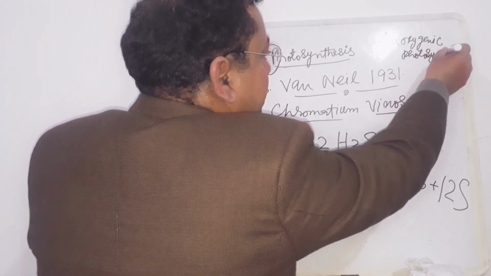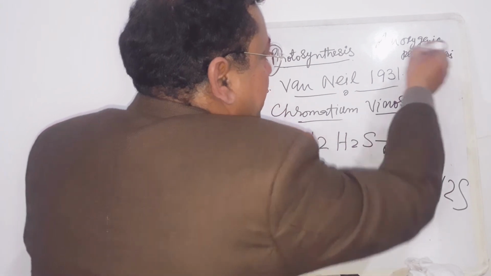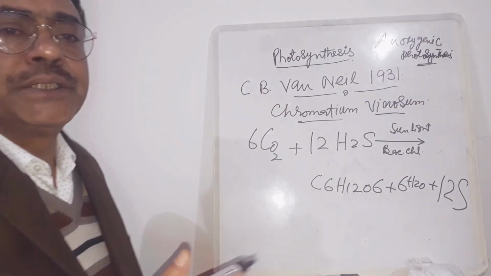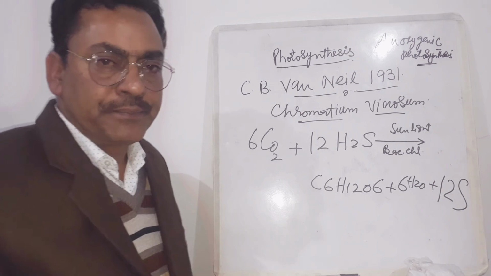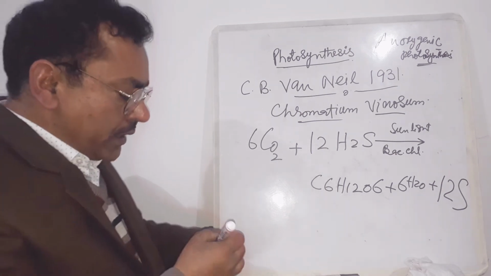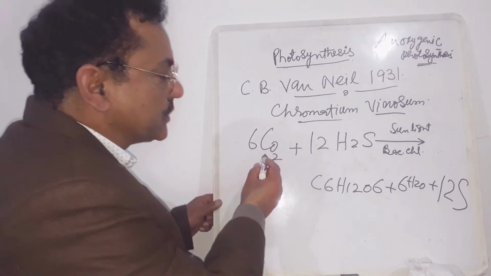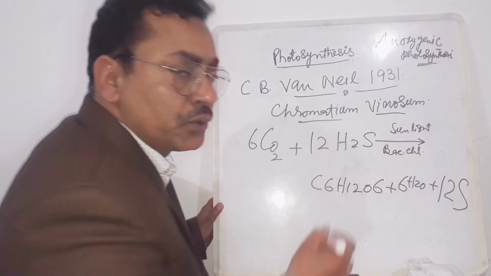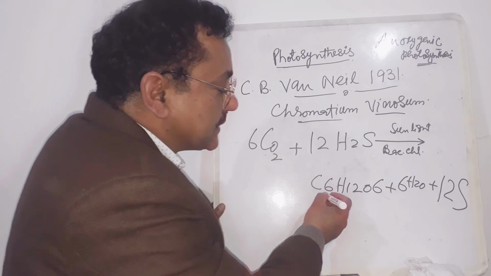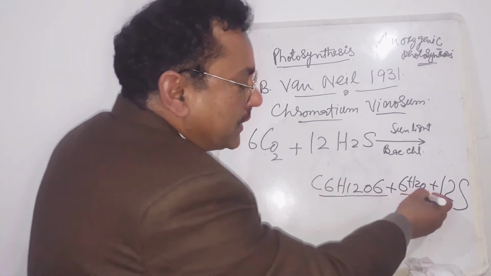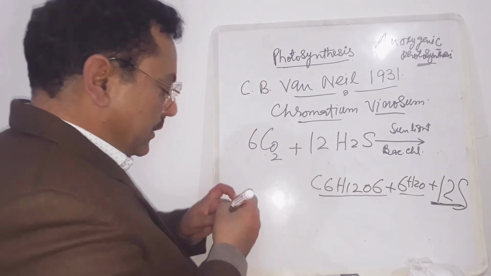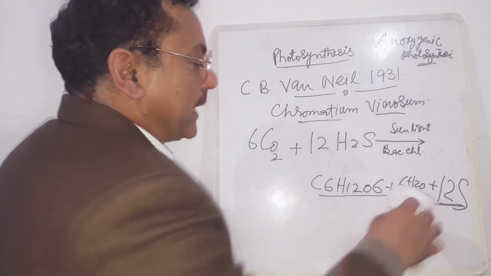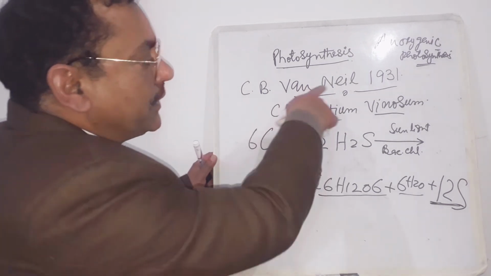This is because in this photosynthesis no oxygen is evolved into the atmosphere. So 6 times CO2 plus 12 times H2S in the presence of sunlight and bacteriochlorophyll gives us glucose, water and 12 times S. It is the equation of bacterial photosynthesis.